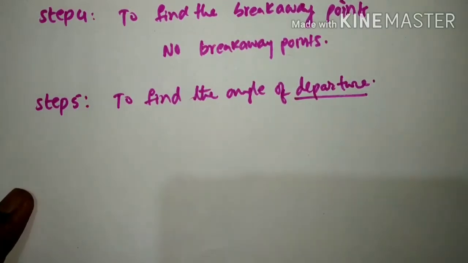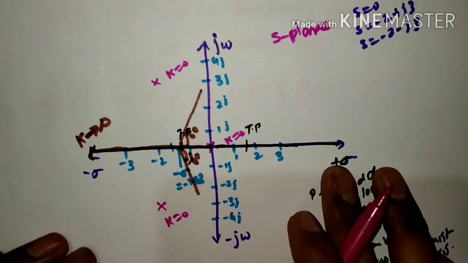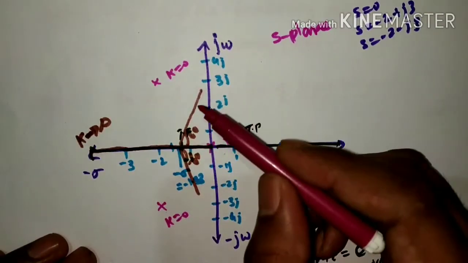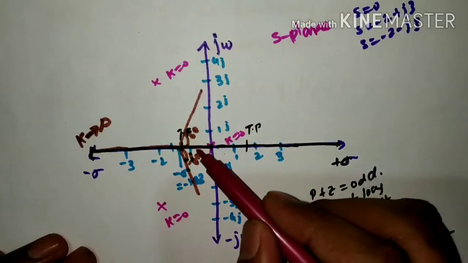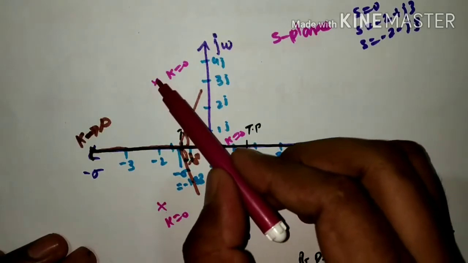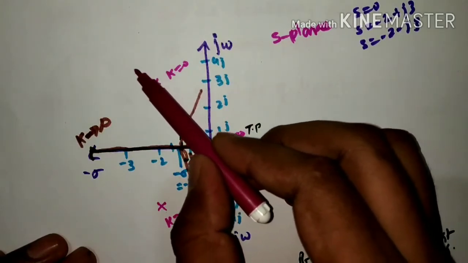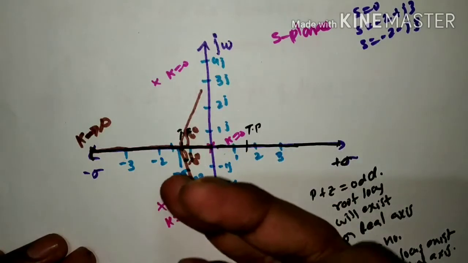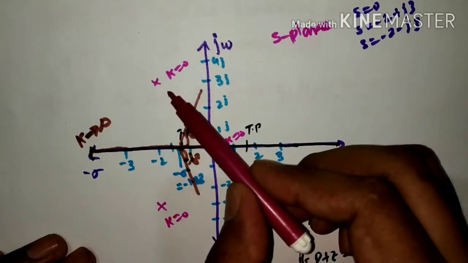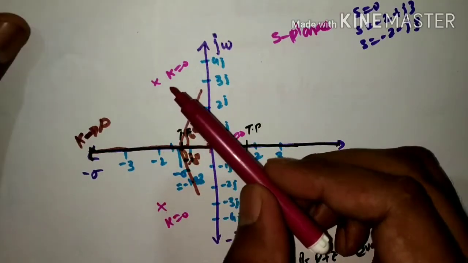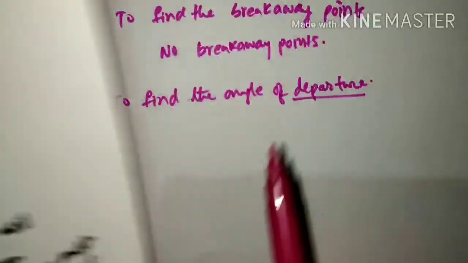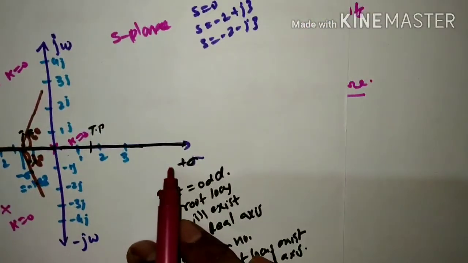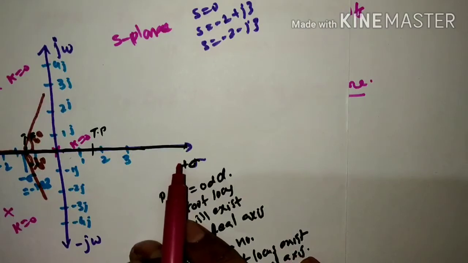To find the angle of departure, you just see in this graph, as the k value increases, which direction this root will move, how this root will go, whether it moves in this direction at an angle of 60 degrees or some other way. For that you have to find the angle of departure. There is a formula, and by using that formula you can easily find the angle of departure.